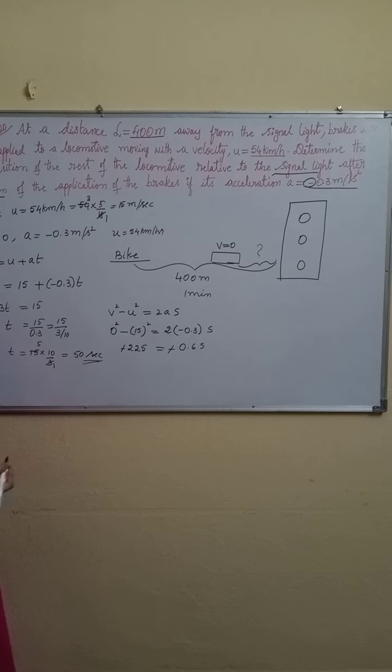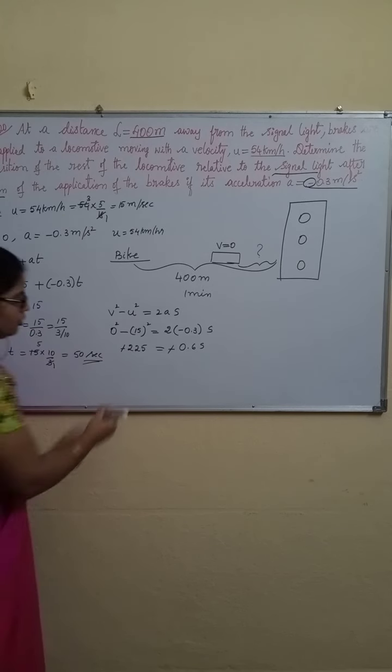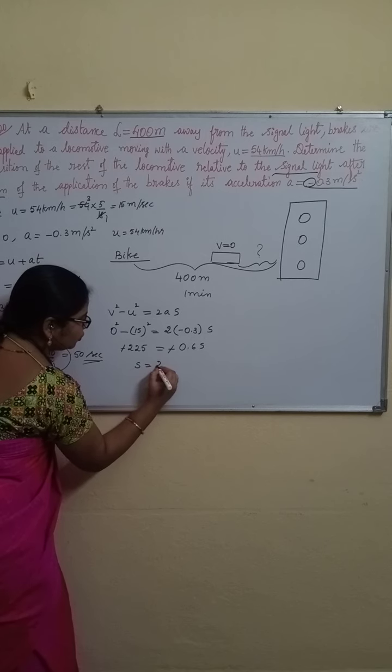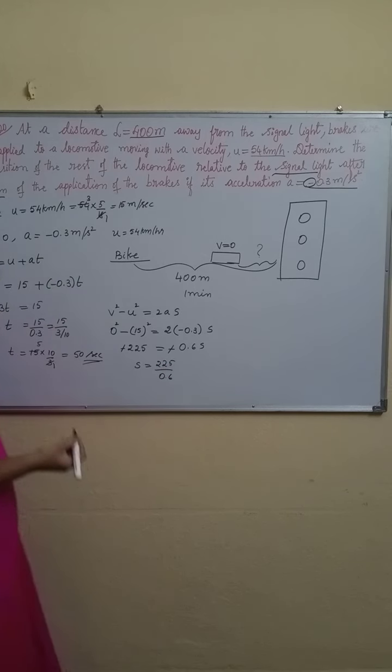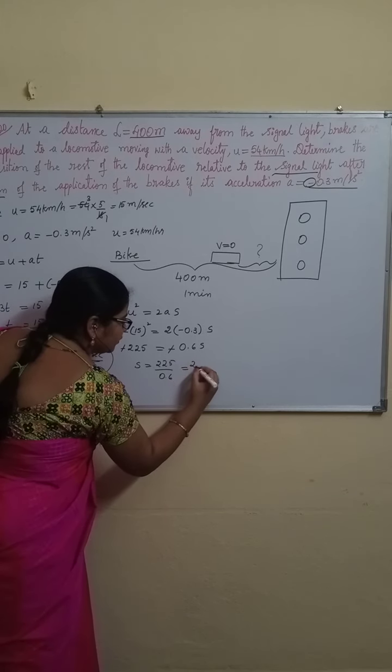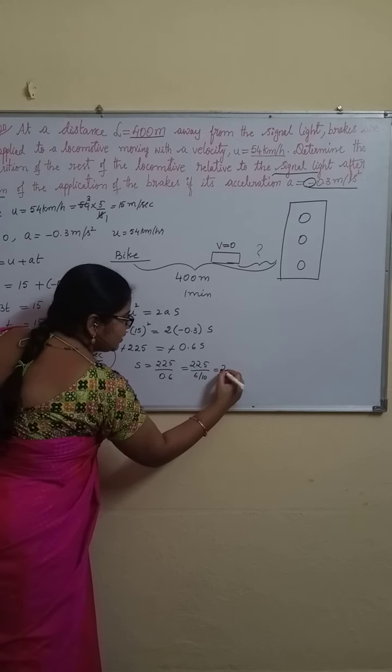Minus gets cancelled. This 0.6, when it comes to the other side, becomes division. So s is equal to 225 by 0.6. 0.6 can be written as 6 by 10, and again it will get reciprocal.